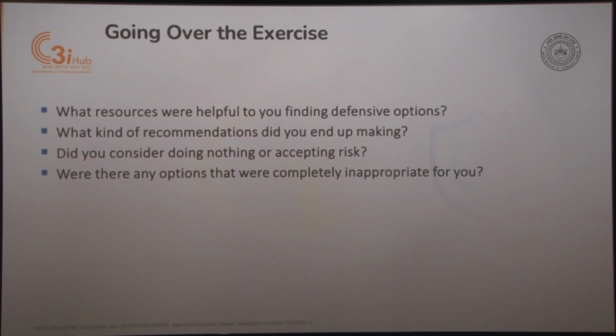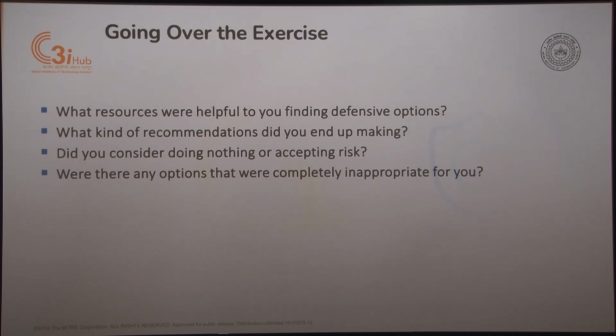While going over this exercise, you will see what resources were helpful for finding the defensive options. This is crucial, even to start with the recommendation: what defensive options exist and how we can get the knowledge about them. So, you have to see what resources you can get, plus what kind of recommendation you ended up making, and what kinds of recommendation you finalized. Did you consider doing nothing or accepting the risk?